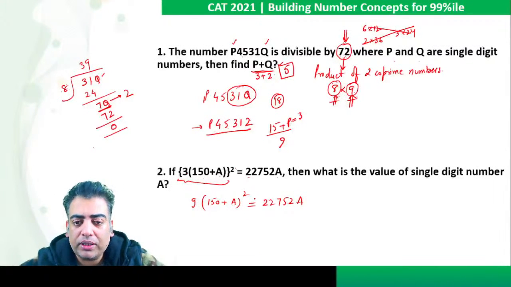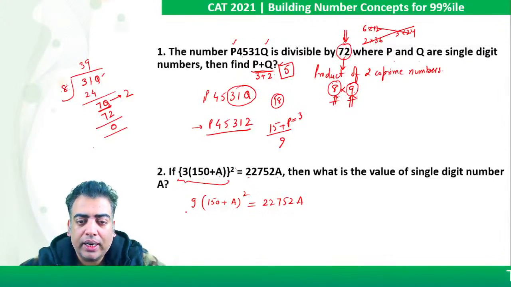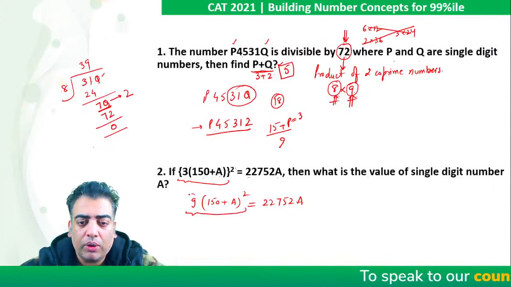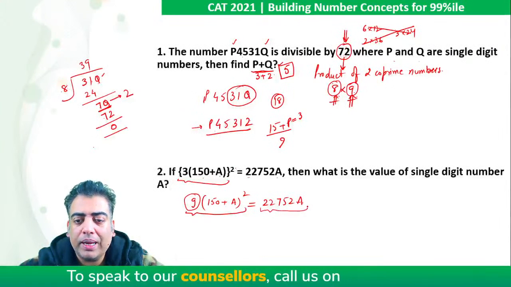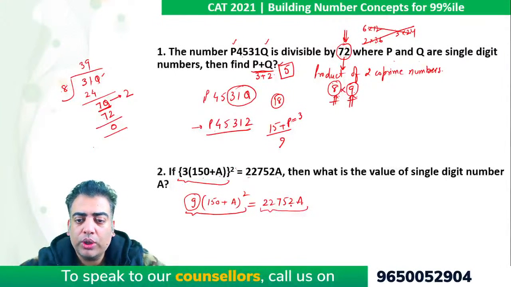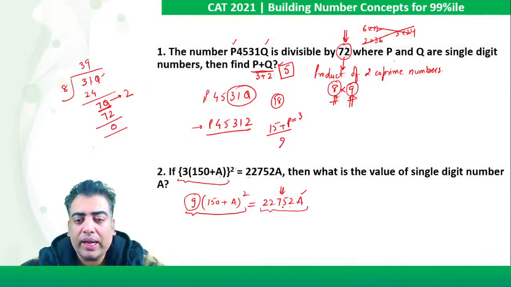Now the interpretation of this statement is that left hand side is a multiple of 9, which means this number should also be a multiple of 9. So if it is divisible by 9, then sum of the digits of this number should be divisible by 9. That will help me to find the value of A.